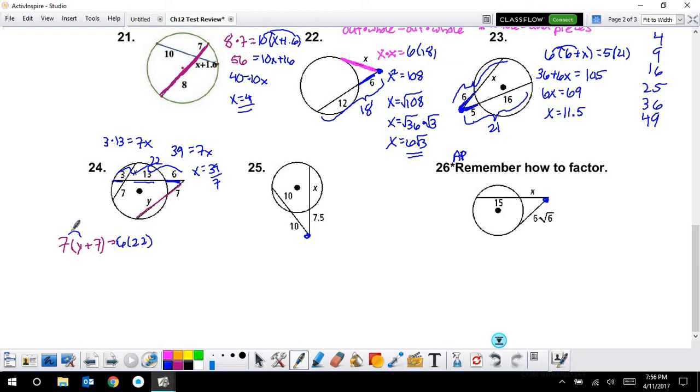So when I go to distribute, I've got 7y plus 49 equals, so 6 times 22 is going to be 132.